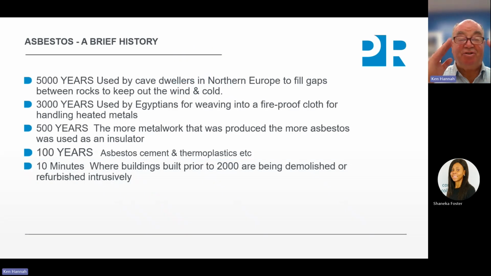So what is asbestos and where did it come from? Well, it's been around for quite a long time, 5,000 years at least. It was used by cave dwellers in northern Europe to fill gaps between rocks to keep out the wind and cold, and it's still used for that today. 3,000 years ago, it was used by Egyptians for weaving into fireproof cloth for handling heated materials. 500 years ago, the more metalwork that was produced, the more asbestos was used as an insulator against the conducted heat. 100 years ago, asbestos cement and thermoplastics were made for exactly the same purposes.